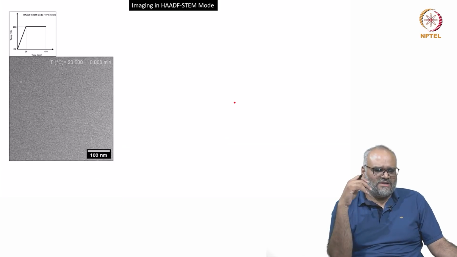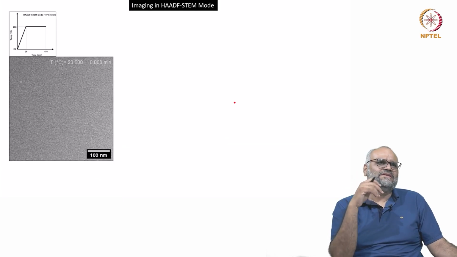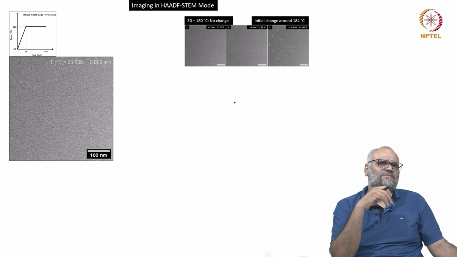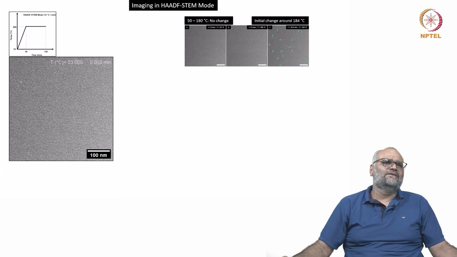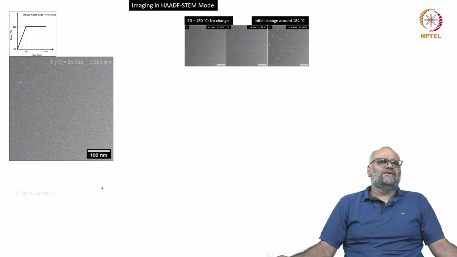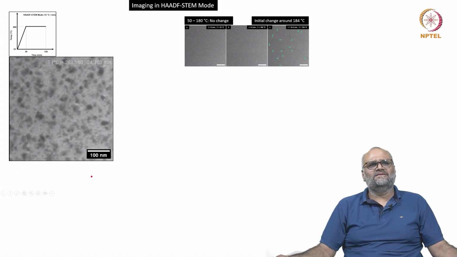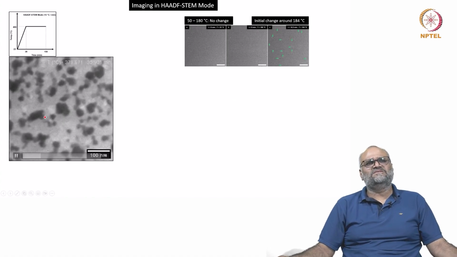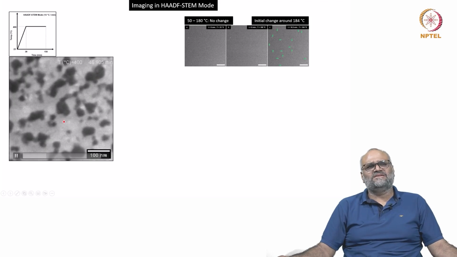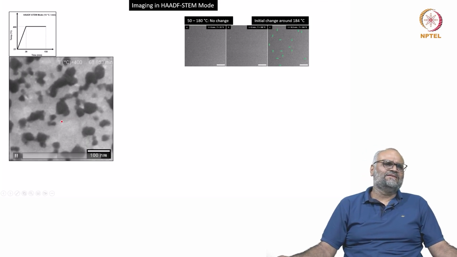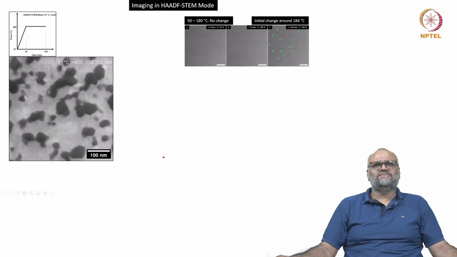So when you are imaging in STEM HAADF mode by isothermal heating again, you can see that beyond 180 degrees centigrade, there is suddenly some change and phase separation that happens, and beyond 250, like mentioned in the previous case where we were looking at no change between 250 to 400, that is what you also observe here.